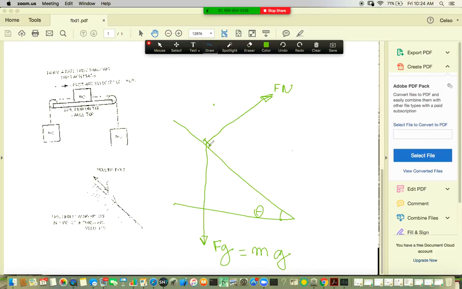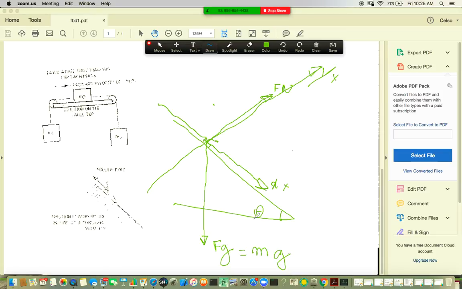Is that correct? So far, so good. So I'm stopping on these two forces here, right? And then what you want to do is to find out where the weight is going to be along x and y. So this is your y, this is your x. Is that okay so far?